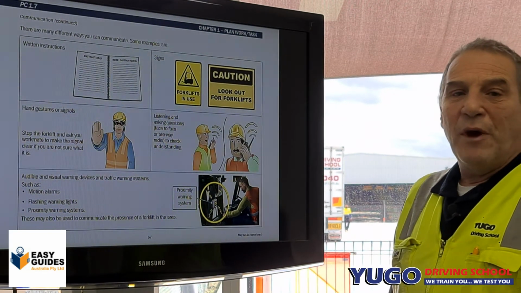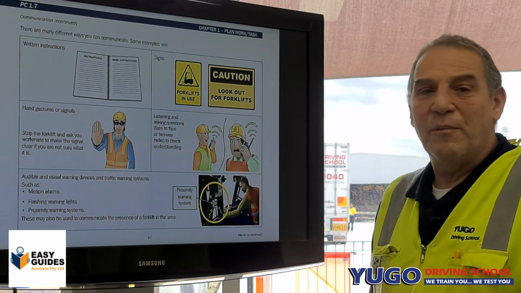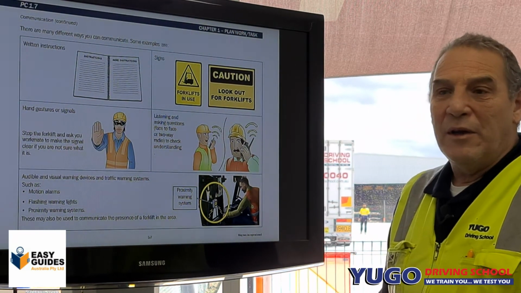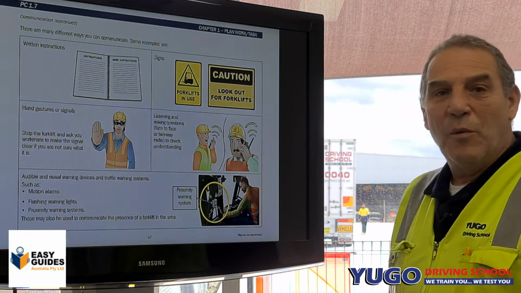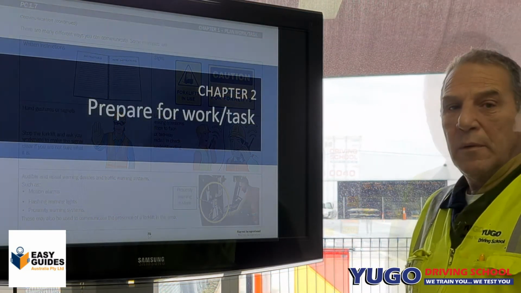Ways we can get information across to other people, warning them of different messages like forklifts coming, the beeper, you need to stop, hand gestures, what do I need to do, listening and asking, signage.